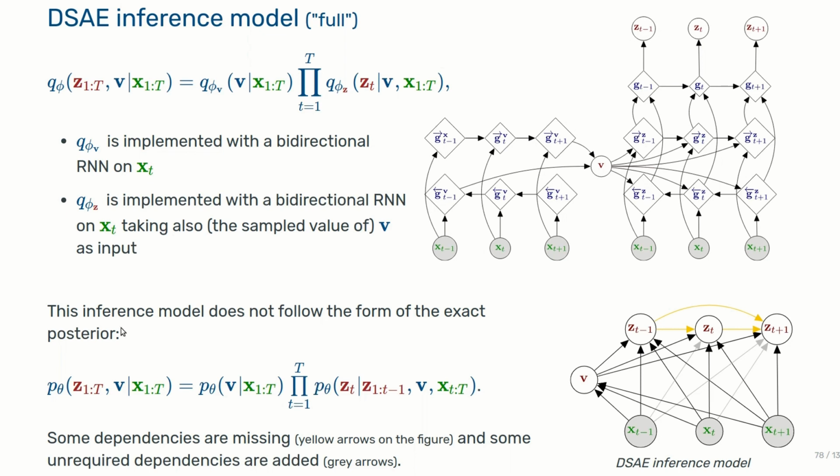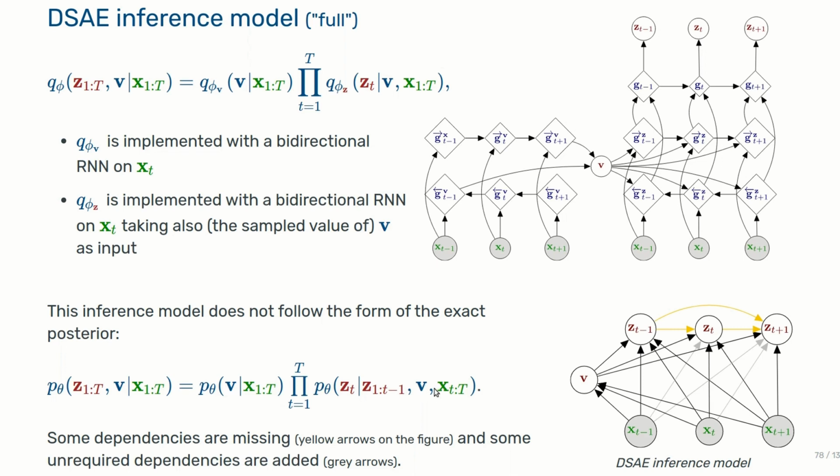However, this inference model does not follow the exact posterior. Indeed, if you compute the exact posterior distribution, you would see that while for V the proposed approximation corresponds to the structure, meaning that V depends indeed on all the observations, the posterior approximation of Z should depend, in addition to V and the future observations, also on the past latent codes.